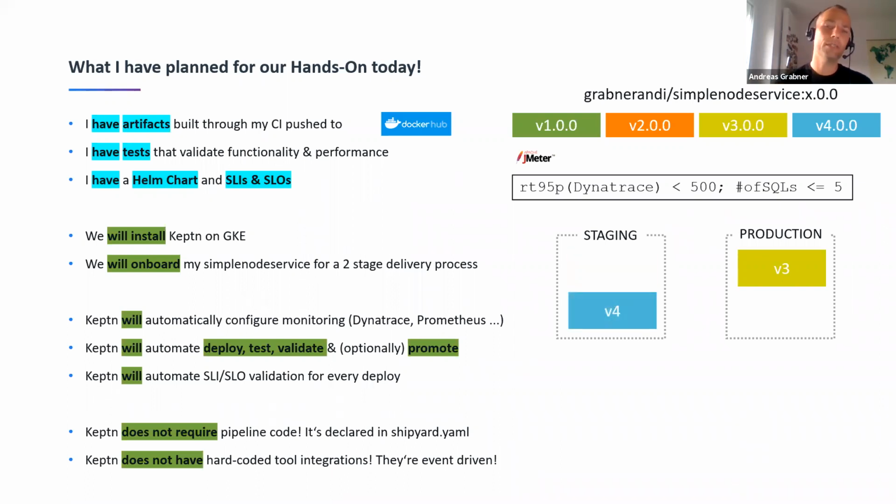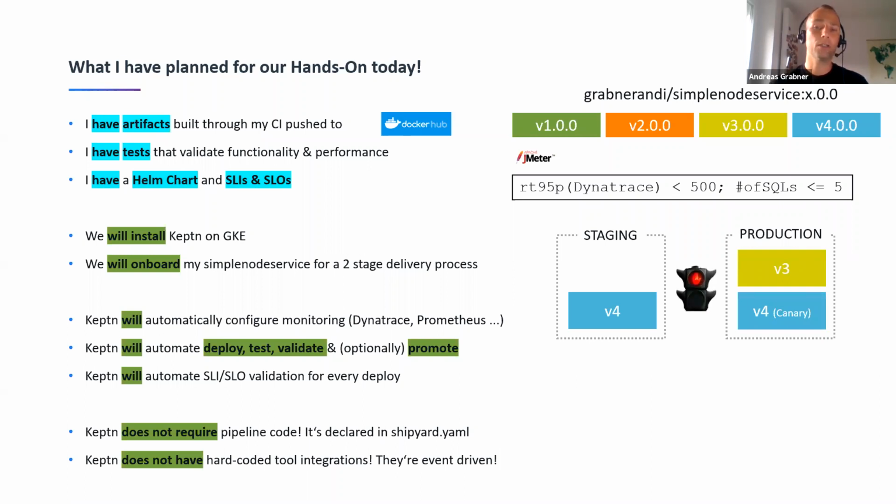What I've highlighted here in the animation, later on, we'll get to a point where we will deploy version number 4. So version number 4 will, for instance, be automatically deployed in staging. It will be tested. Then Keptn enforces the quality gates based on the SLIs and SLOs. If it's good, it will promote it forward into production. We're doing canary deployments.